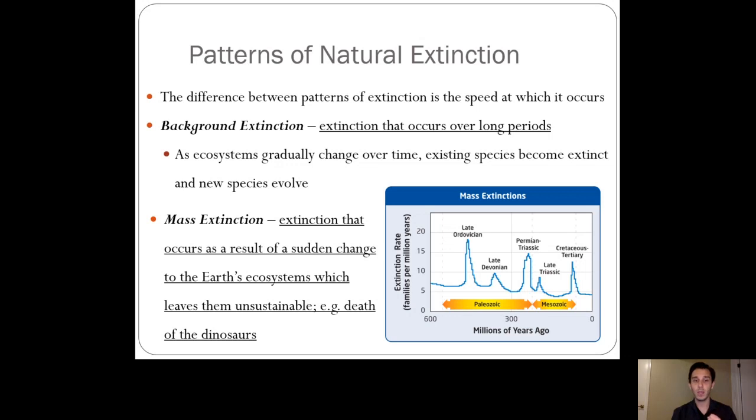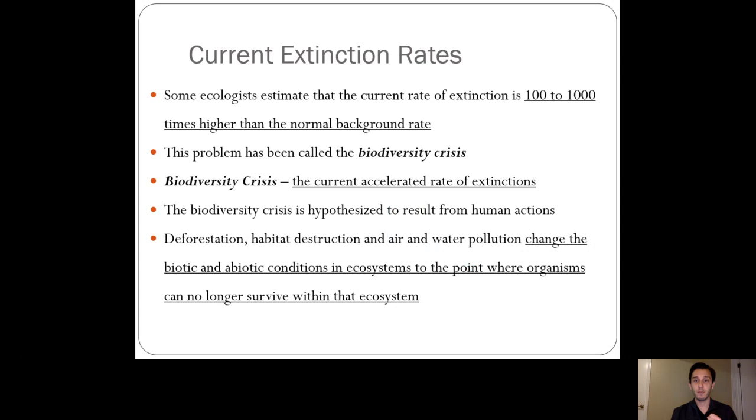The problem is that we think the current rate of extinction is 100 to 1,000 times higher than the normal background rate, and we call that a biodiversity crisis. I'm going to give you 3 guesses as to why we're facing a biodiversity crisis, but you're only going to need 1.